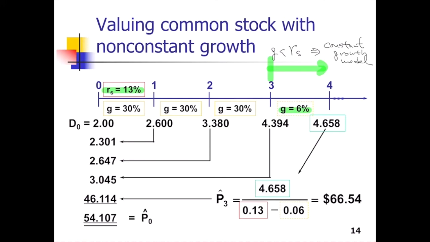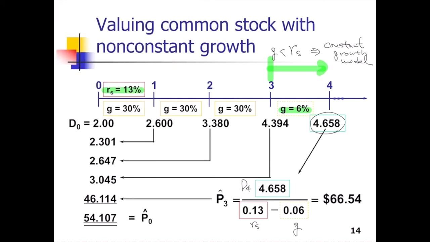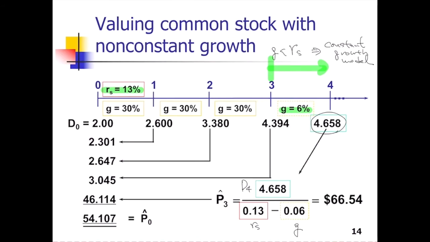Yeah, that is here, right? In the constant growth model, the numerator is D4, D4 is here, and the denominator is RS, RS is here, and G, G is here, right? Finally, we get this number.